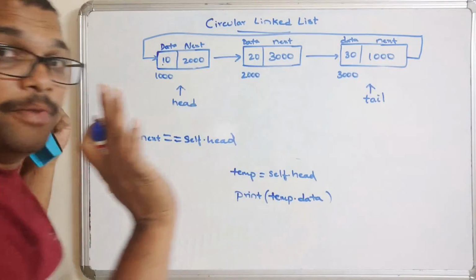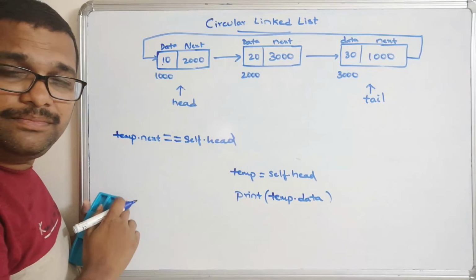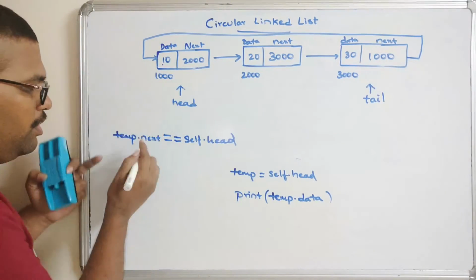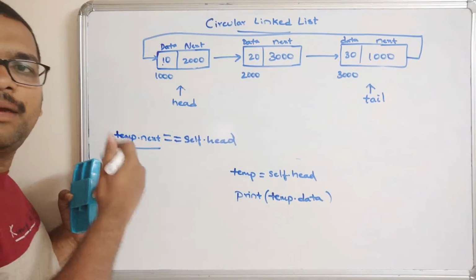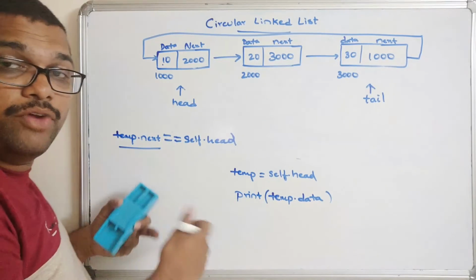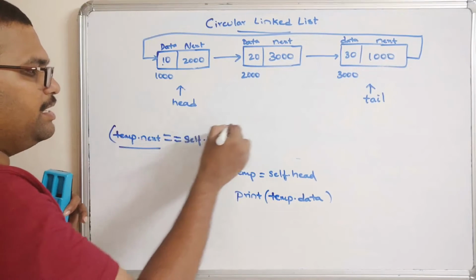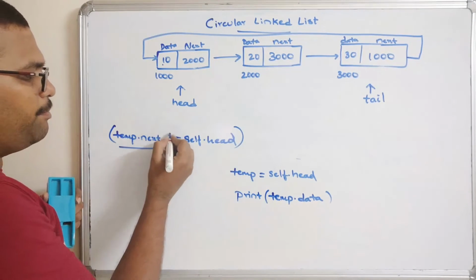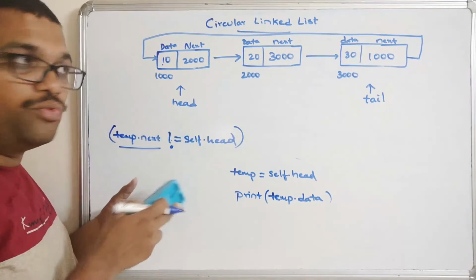Then we have to stop, because the last node holds the address of the first node. In the same way, we traverse temp from one node to another and repeat the same process until this condition: temp.next not equal to self.head, until this condition is true.